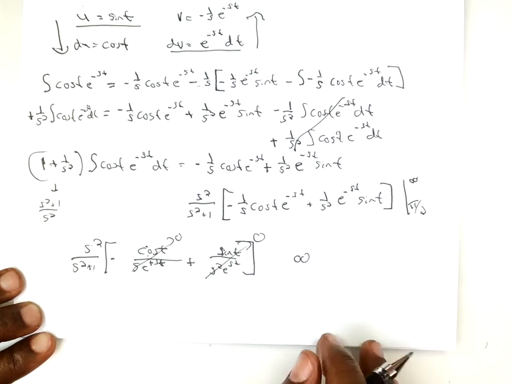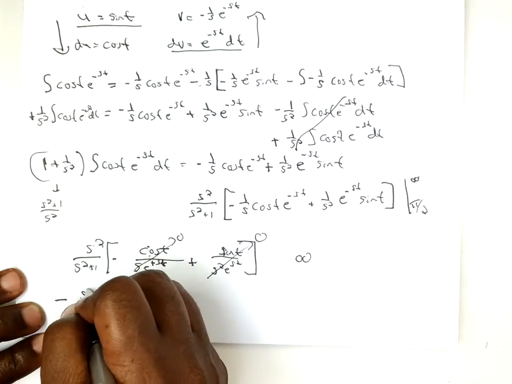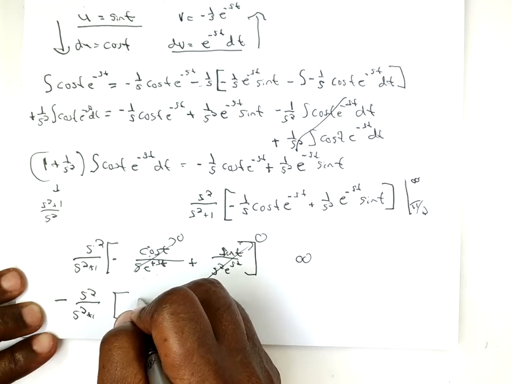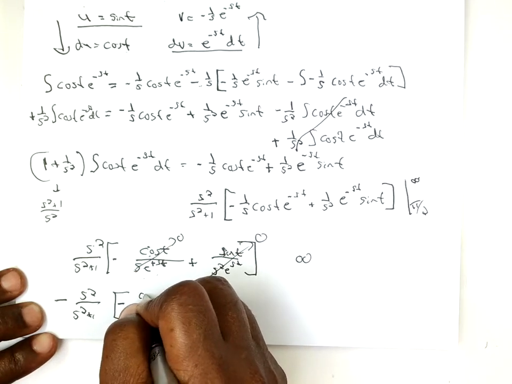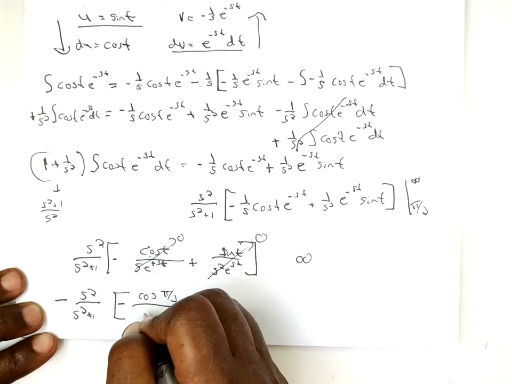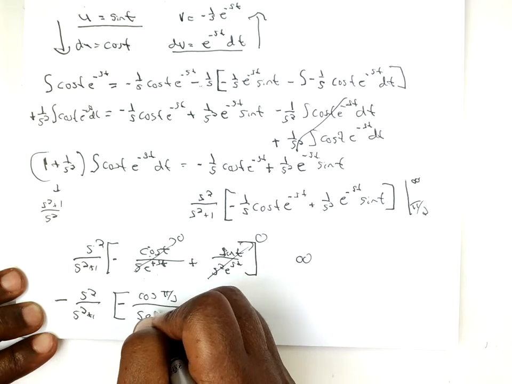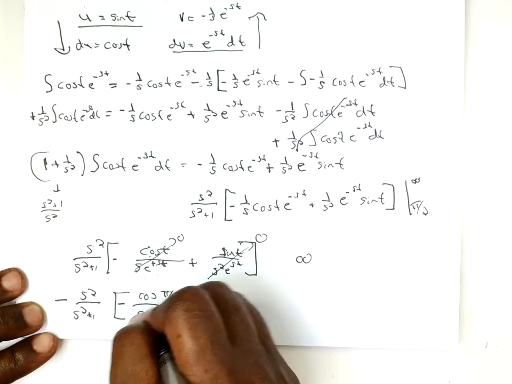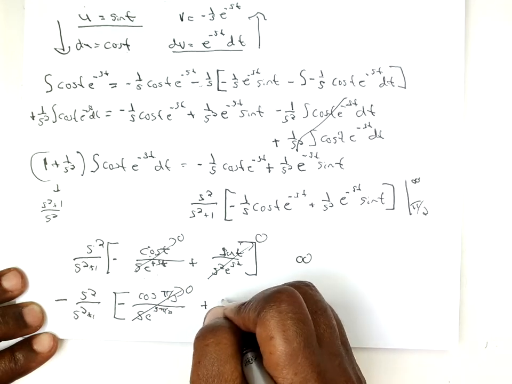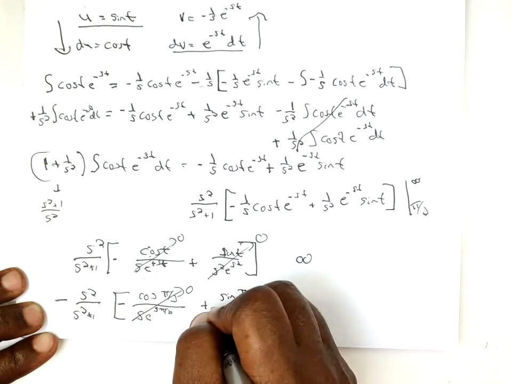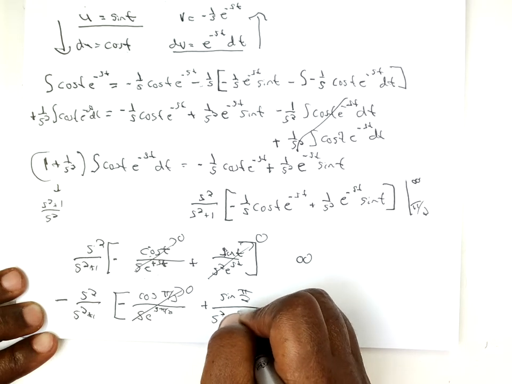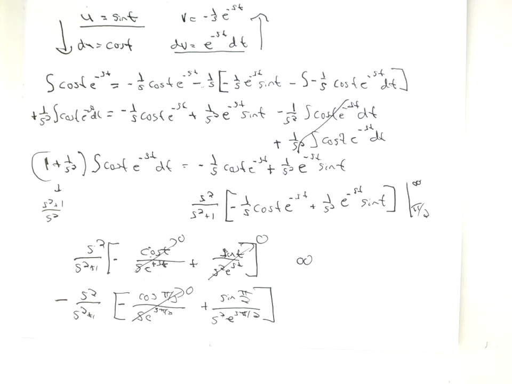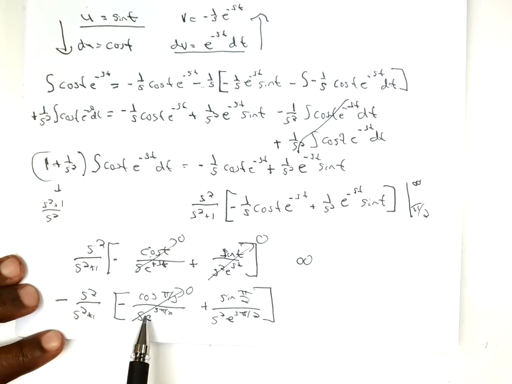When I plug in pi over 2, I get negative cosine pi over 2 over s e to the s times pi over 2. Well, cosine pi over 2 is 0, plus sine of pi over 2 over s squared e to the s times pi over 2. So that term goes to 0.